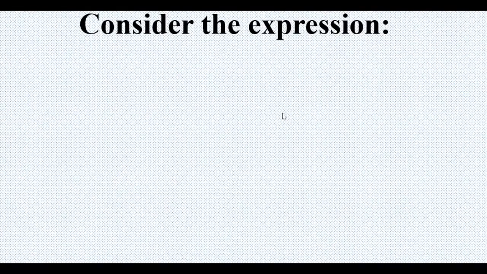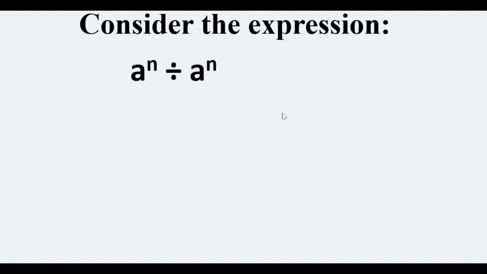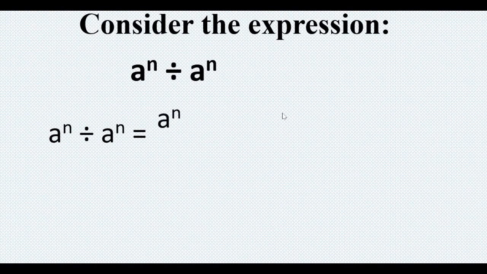Now let us consider the expression a power n divided by a power n. This can also be expressed as a power n over a power n. This can be simplified in the ordinary way that we divide fractions, by cancellation.